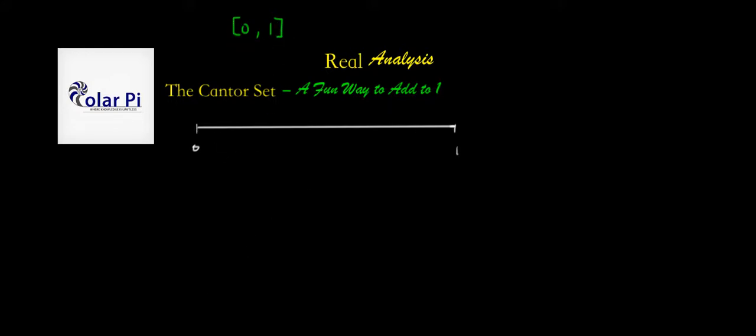And what I'm asking you to do in your first move of the Cantor set is take this interval from 0 to 1, this closed set, and take out the middle third and make an open interval of it. So then that'd mean I have 1/3, and 2/3, right? So I have 1/3, 2/3.